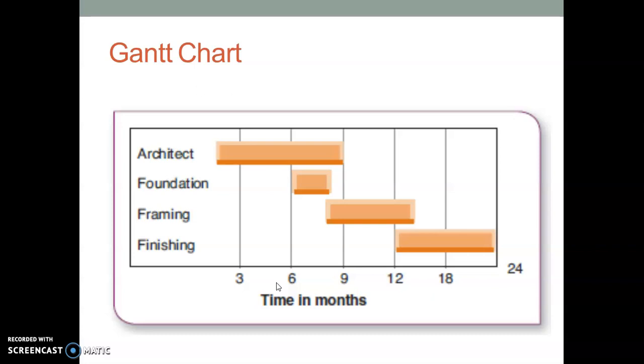Similarly, foundation work will start from the 6th month and end before the 9th month, and framing work will start from around the 8th month and end after around the 14th month, and then finally we'll be able to finish the task before the 24th month. So this is the time duration within which the whole work is defined and segmented.